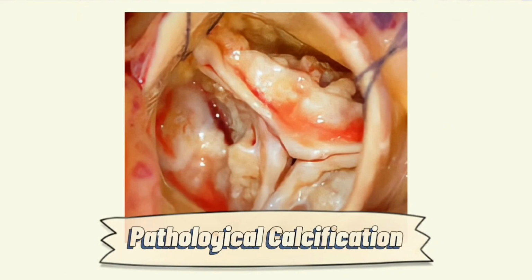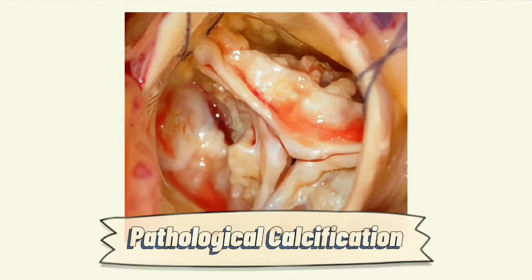Pathological calcification. It is defined as the deposition of calcium phosphates and calcium carbonates in soft tissues other than bones and teeth. Its concentration in the blood fluctuates within rather narrow limits and in general averages about 10 mg per 100 ml of blood.